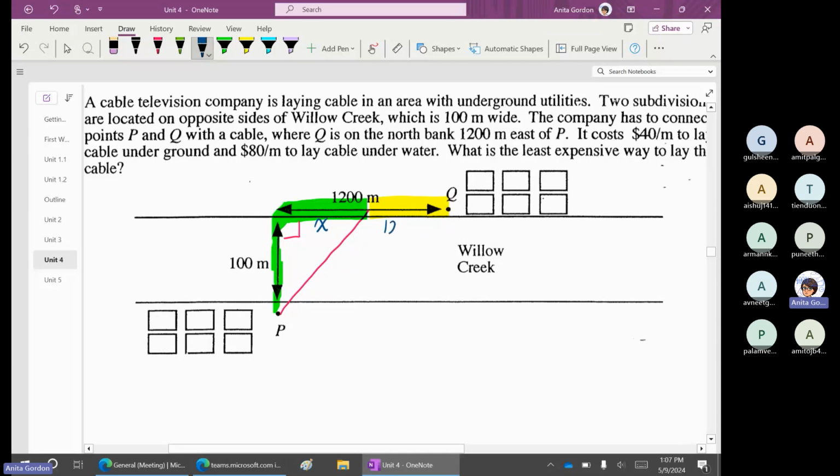Wonderful. 1200 minus x. Okay, how would I label the pink line? It is the hypotenuse, so this would be the square root of 100 squared plus x squared.